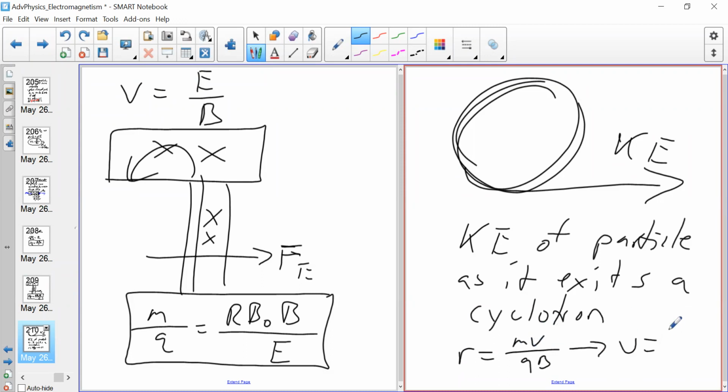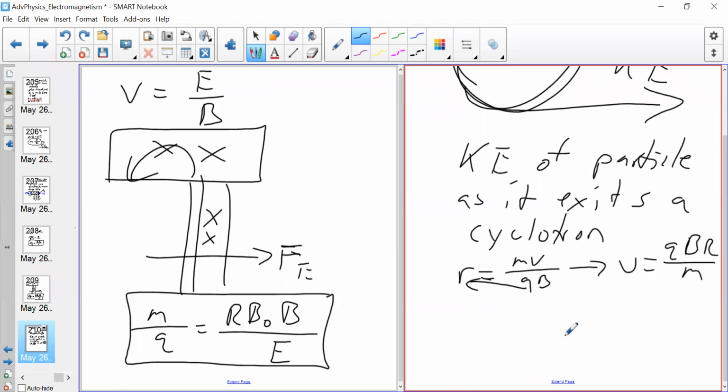So v is equal to q B r over m, just a little algebra. Then you also know that kinetic energy is 1/2 m v squared.